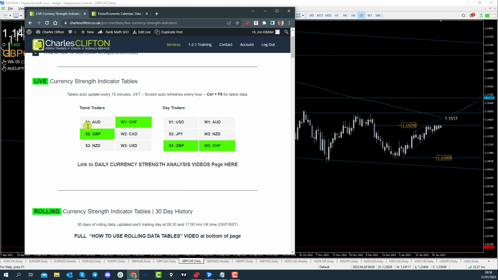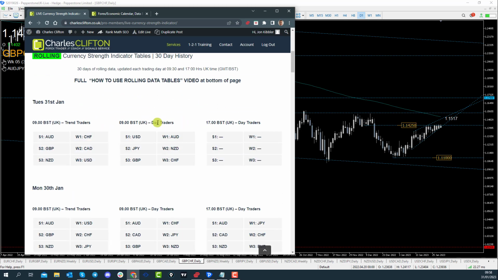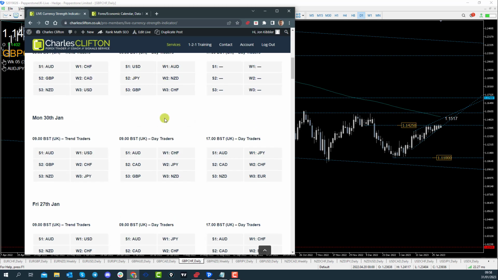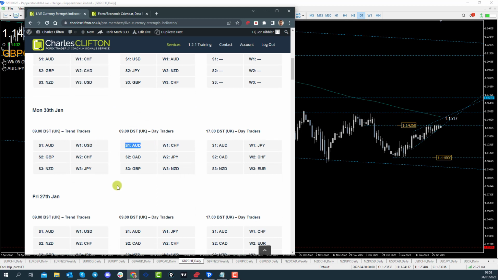So what are the tables telling us today? Well, we've actually had quite a bit of a move around with some of the currencies. You can see that the Australian dollar, for instance, was S1 on the trend traders, and was S1 yesterday on the day traders. If we go back to the rolling 30-day history here, you can see that yesterday it was S1.